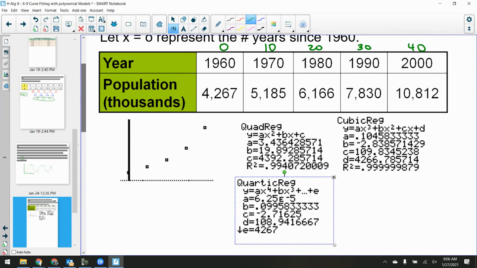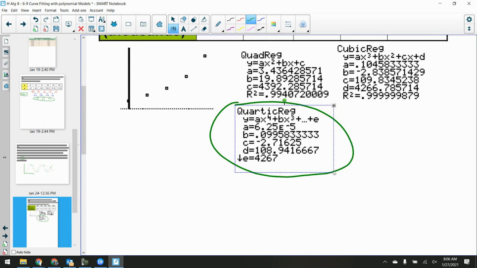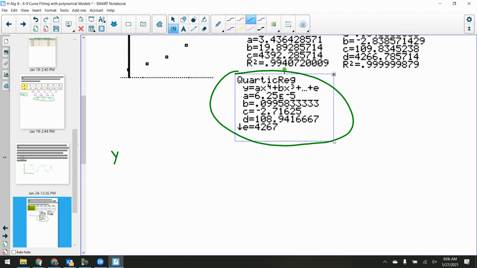So I have to figure out which one is the best to use. Well, which one is the best to use? The quartic regression. So what does that mean? Remember that the variables it's listing out for you, the A, B, C, D, those are just the coefficients on your quartic regression. So your actual equation is y equals 6.25 e to the negative fifth. Let's not do scientific notation in there.